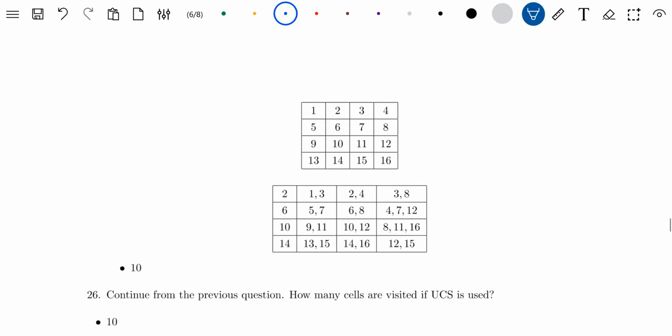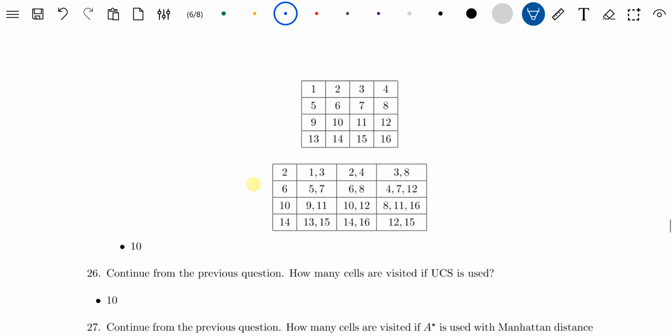So let's actually draw this maze. 1 can only go to 2, so there's a wall here. 1 cannot go to 5. 2 can go to 1 and 3, so 2 cannot go to 6, so there's a wall here. And 3, for the same reason. 4 can go to 3 and 8, so we're not stuck. 5 can go to 6, so we have this boundary here, and this, and this.